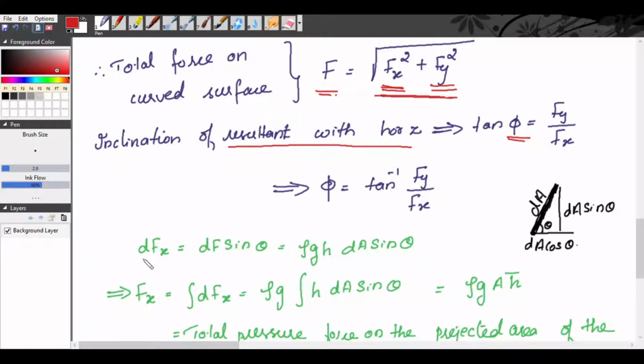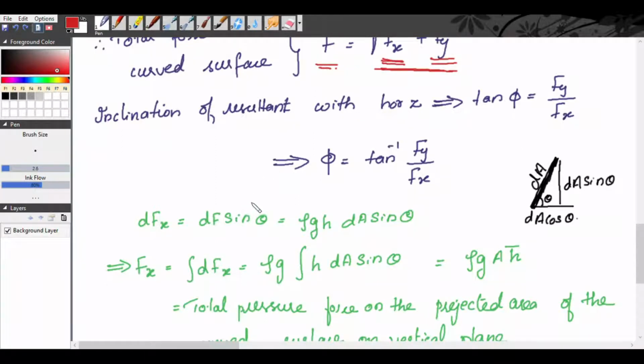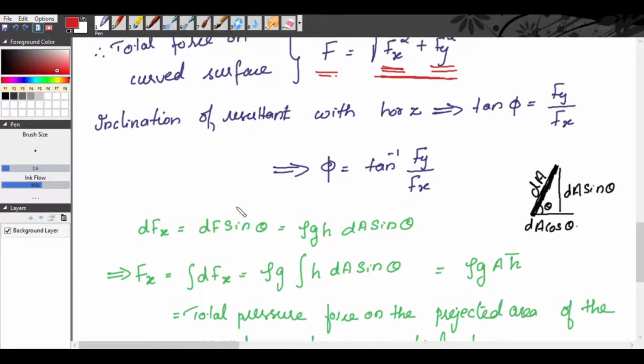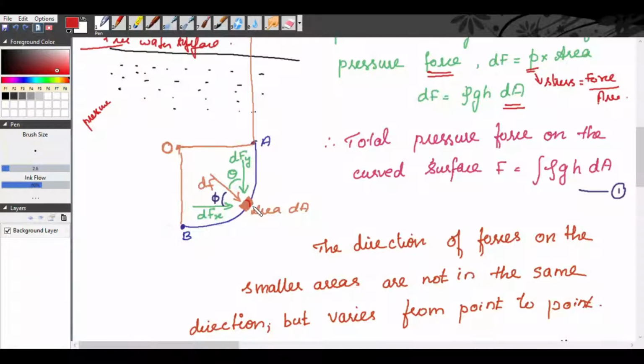Now, this is the general result. What are the forces on the horizontal components and vertical components? From the diagram, see this horizontal component dFx.